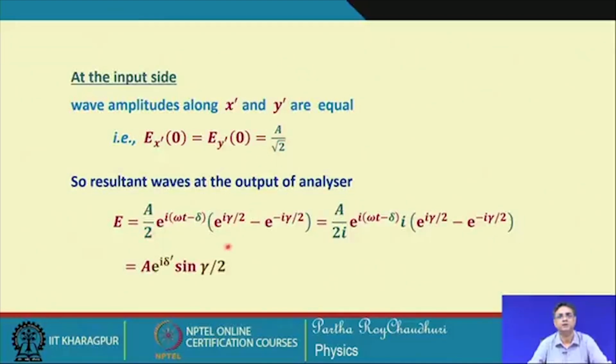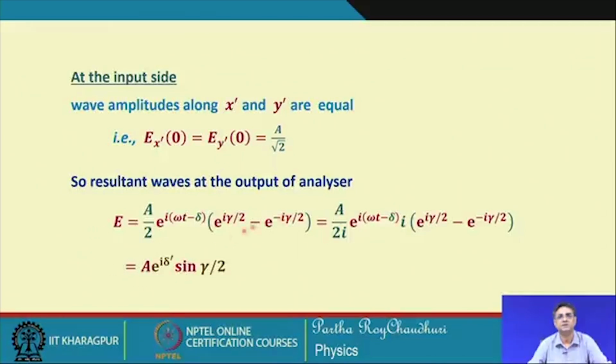for both of them, and then because now we multiply the numerator and denominator by i, the complex quantity, which will give you e to the power of i gamma by 2 minus e to the power of minus i gamma by 2 divided by 2i, which is a sine function. So, I get e to the power of i delta', which is just to replace this fixed phase, time dependent of course, omega t minus delta, this is the fixed phase.